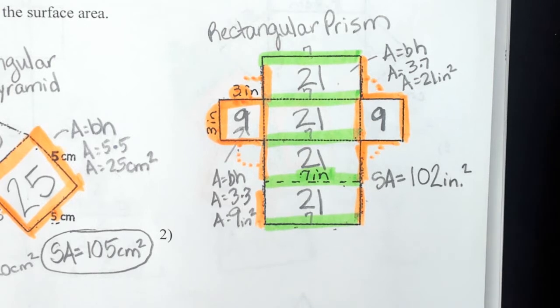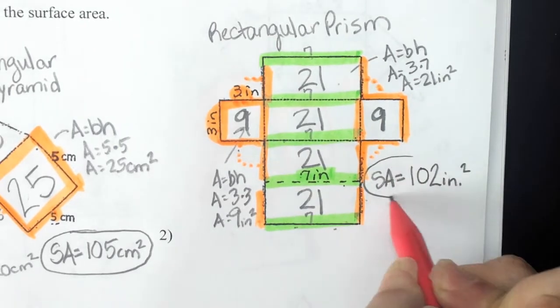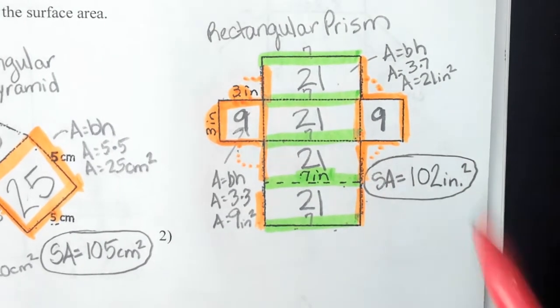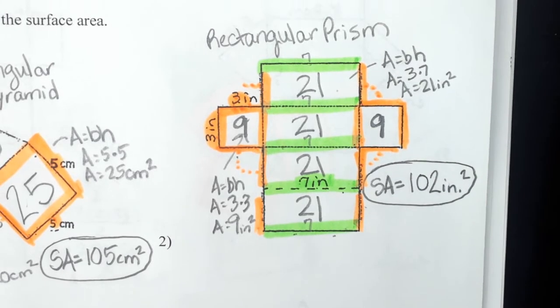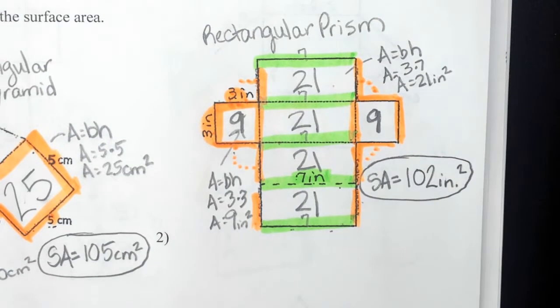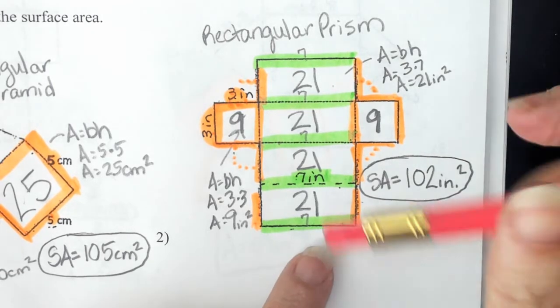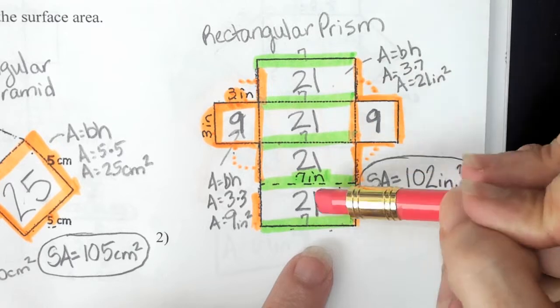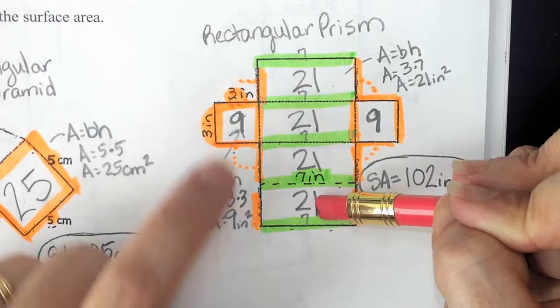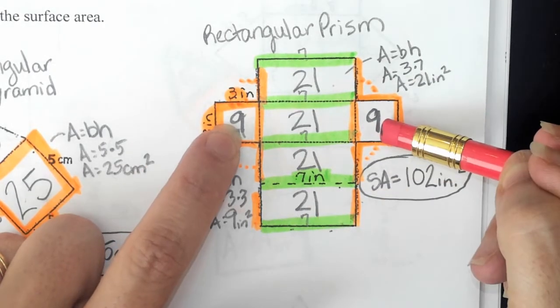Yeah, 102. Just checking them out. 102 inches squared. Sometimes your worst ones are actually your easiest ones. Yes? How did I get 102? I added up all 4 of these, which was 84, plus 9 plus 9.